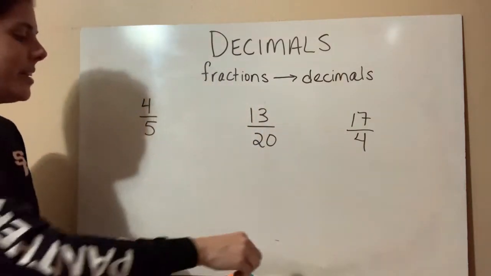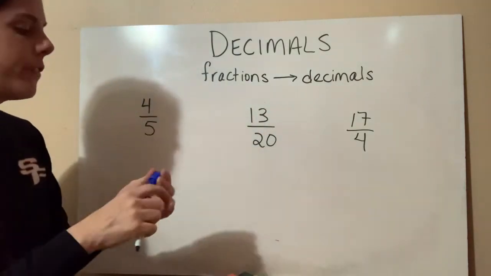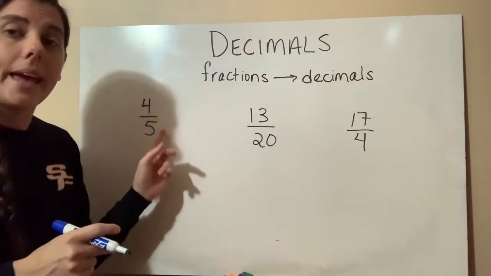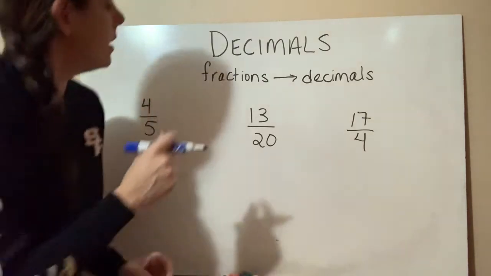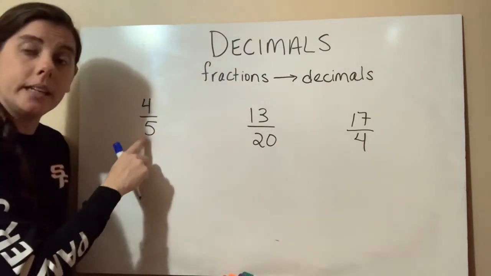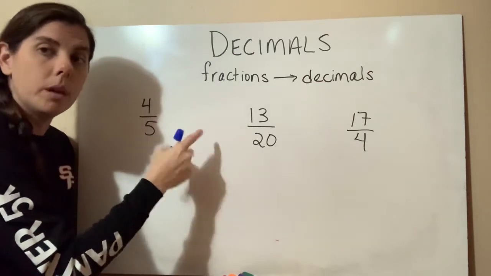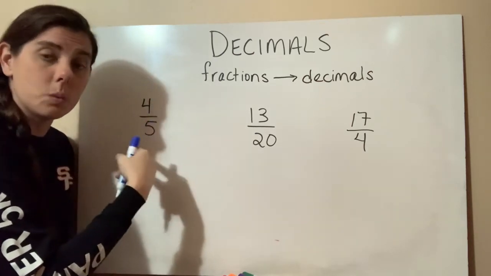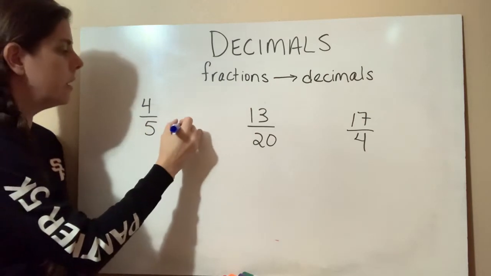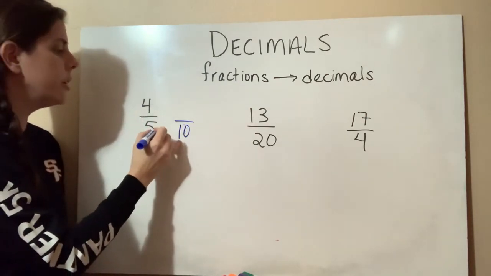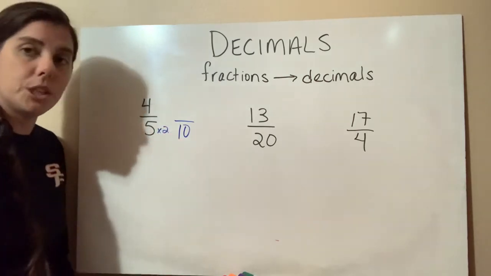All right, so our first one is 4 over 5, or 4/5. Can we get this bottom number to equal a 10, 100, or 1,000? Well, we can get it to equal all of them, but let's use the smallest one. We can get it to equal a 10, and we do that by multiplying by 2.